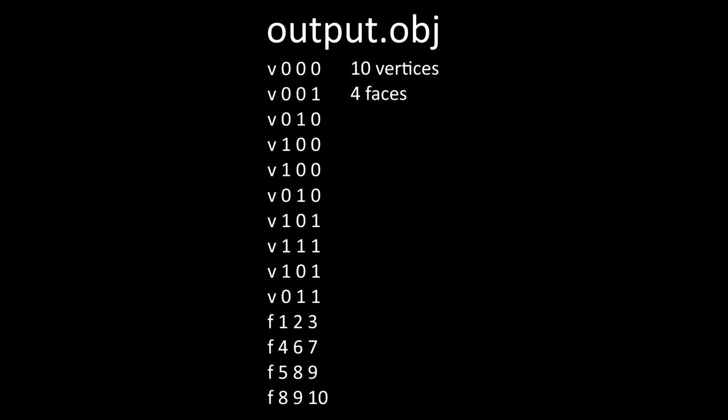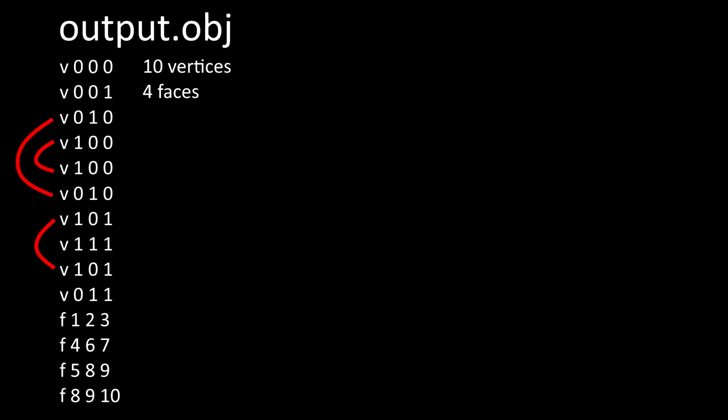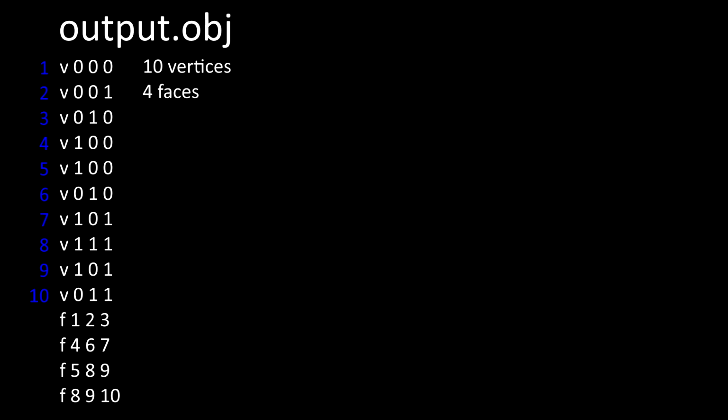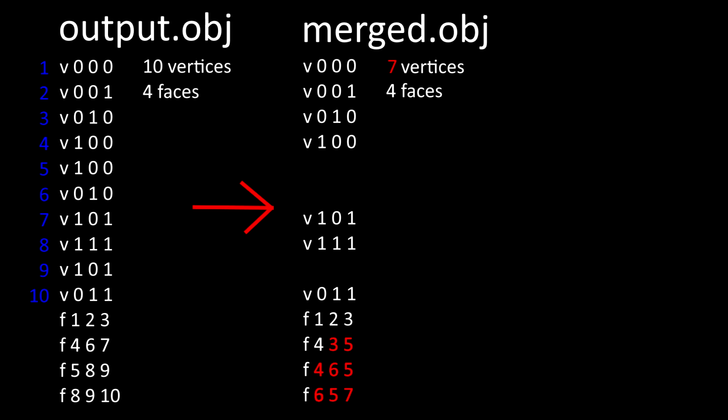But if we merge those vertices in our original OBJ, it won't maintain the same topography and we won't be able to replace it. So what we have to do is take the vertices of our original OBJ and order them, number them, and then we're going to merge all the vertices that we can in that OBJ and export another OBJ.